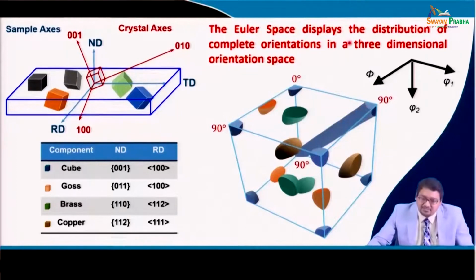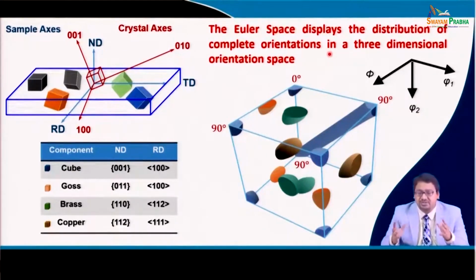And you see the Euler space, which can be seen like this, displays the distribution of the complete orientation in a 3-dimensional orientation space, right. Say we have shown this with an example for a face centered cubic material which is rolled.